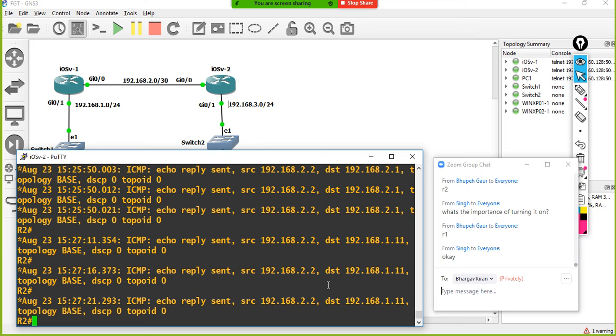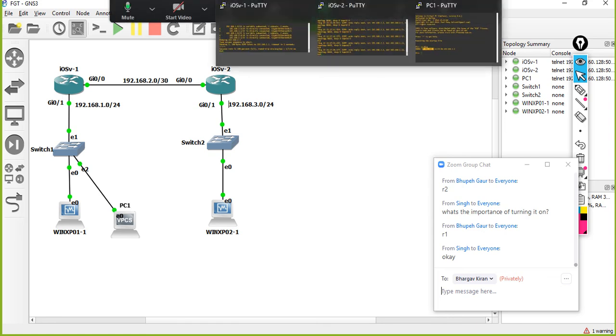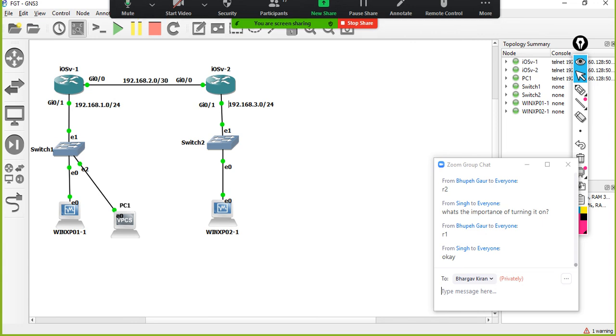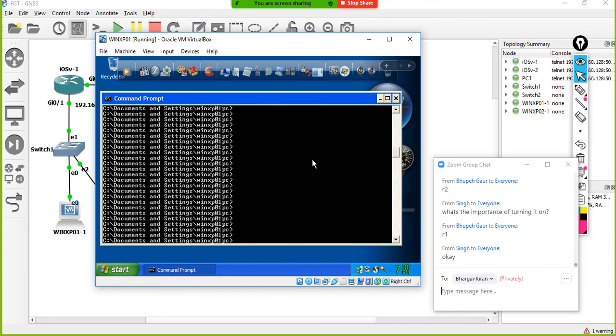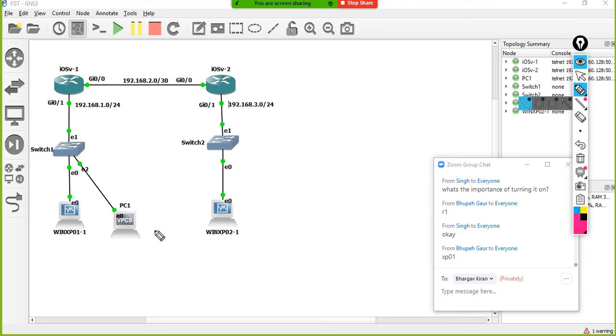See there, everybody. What I told you, guys. I think most of the people are getting confused. Don't get confused. See here. I went to this computer, guys. Which computer is it? Windows XP 1 computer.